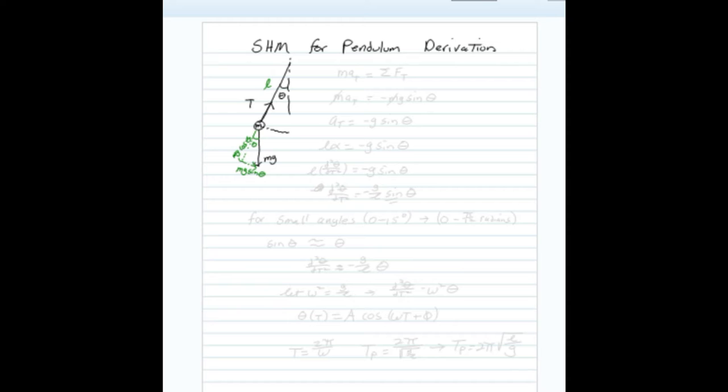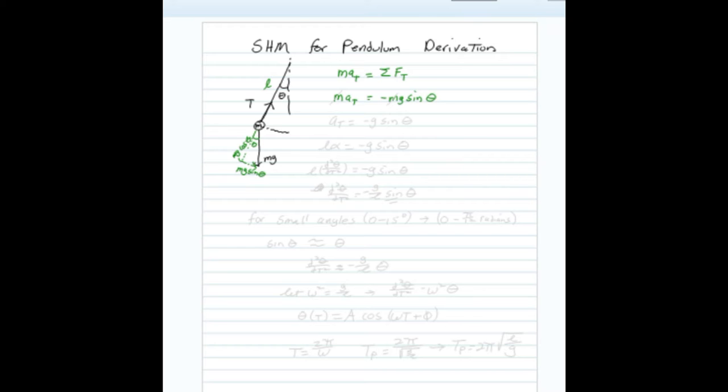Okay, so let's look at the motion in the tangential direction. Newton's second law says mass times acceleration equals net force. And the only force in the tangential direction is this mg sine theta force. So I'm going to write it this way. Now you'll notice that I wrote this with a negative sign.